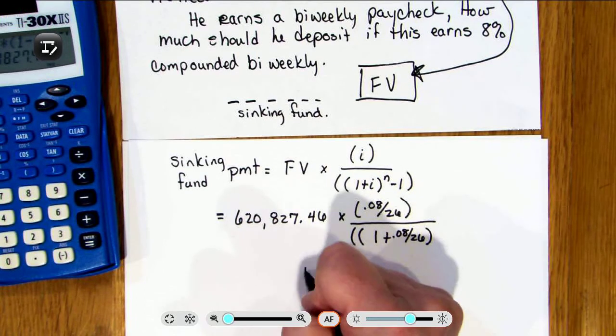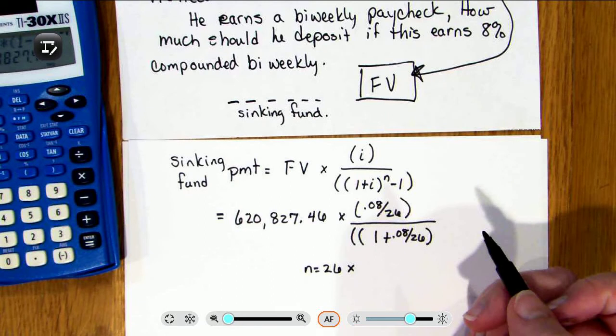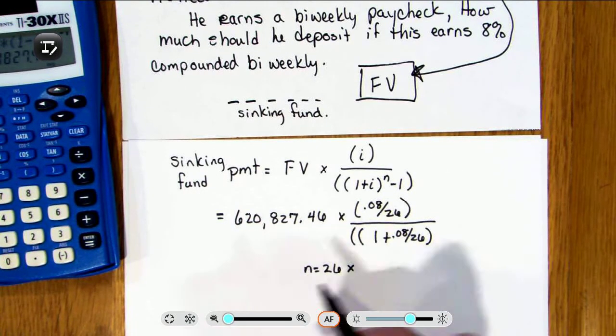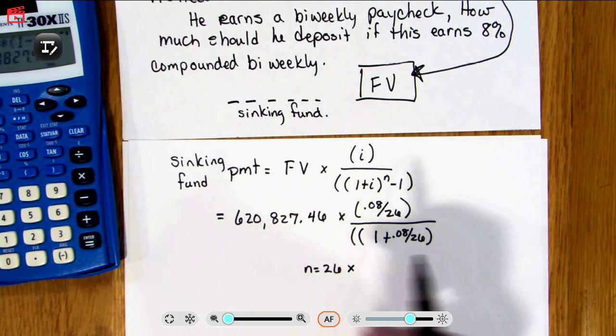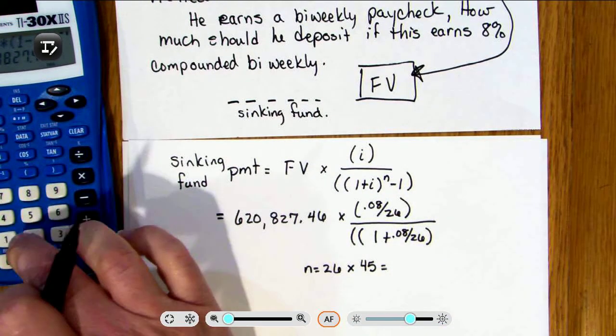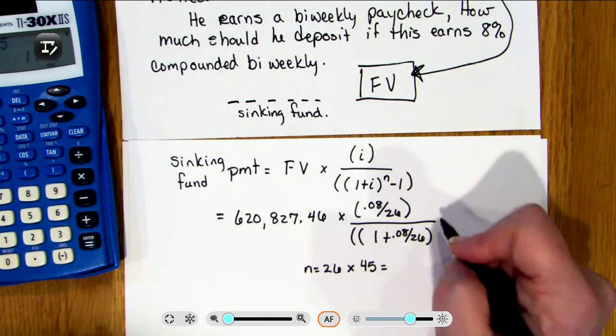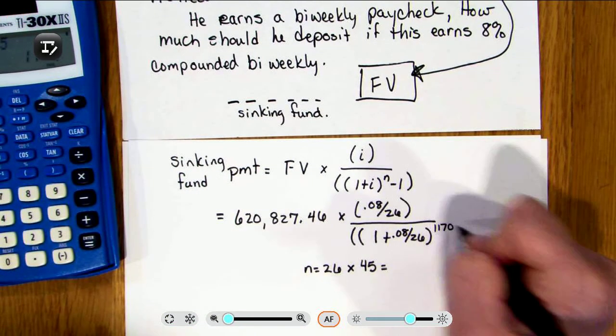My n is 26 times, let's see, he's 20 now, and he's retiring at 65, so that's 45 years. So that is 1170.